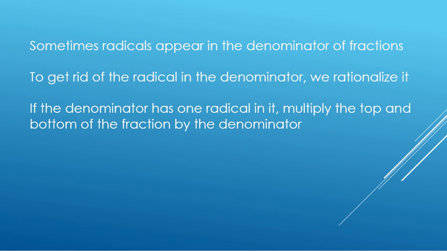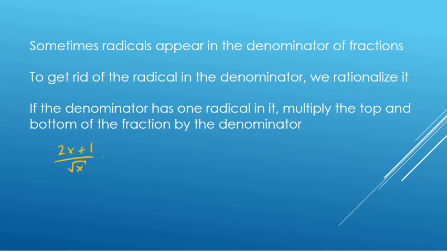So if I had, for example, 2x plus 1 divided by the square root of x, we don't like to leave this square root of x on the bottom, so we are going to rationalize this so that we get rid of that root and we just have x.